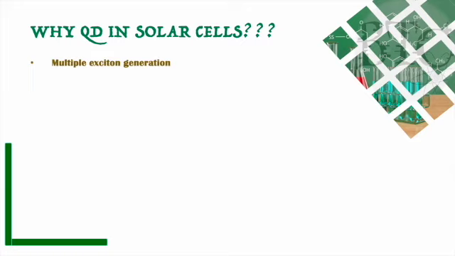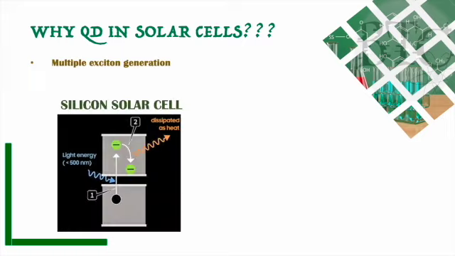Quantum dots, I came to know, are capable of generating multiple electron-hole pairs per absorbed photon, a process known as multiple exciton generation. What is this multiple exciton generation? Let's try to compare quantum dots in solar cells with the traditional silicon solar cell.